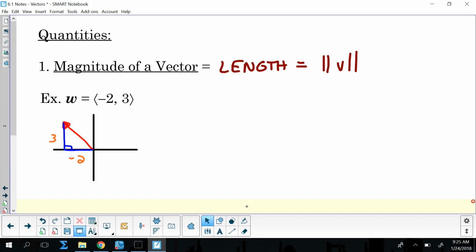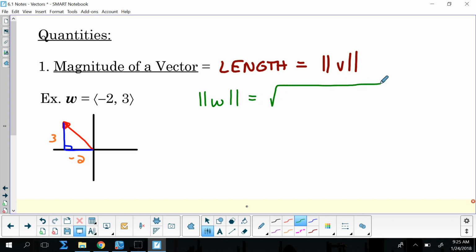Pythagorean theorem, right? A squared plus b squared equals c squared. Okay? So using the Pythagorean theorem here, the magnitude of W is going to be the square root of x squared plus y squared, if we think about x and y from the vector part.